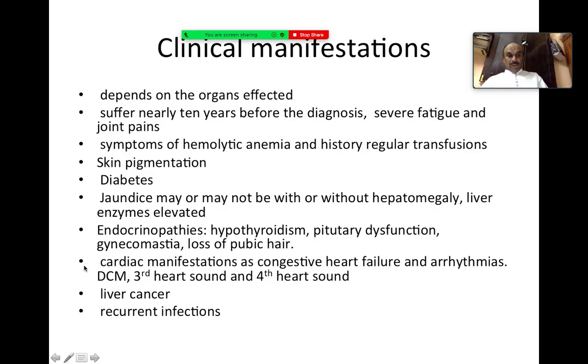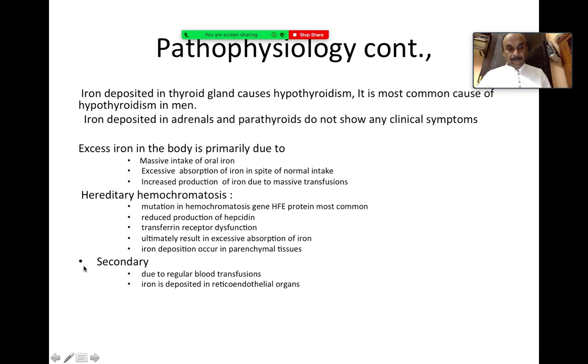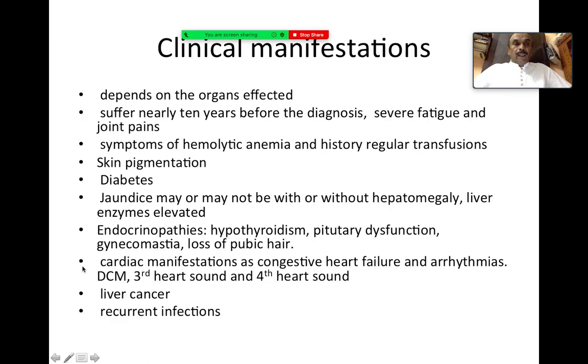Coming to the clinical manifestations, they depend upon the organ that is affected. By the time you diagnose hemochromatosis, they must be suffering from non-specific symptoms. They must be suffering from the disease for nearly about 10 years.